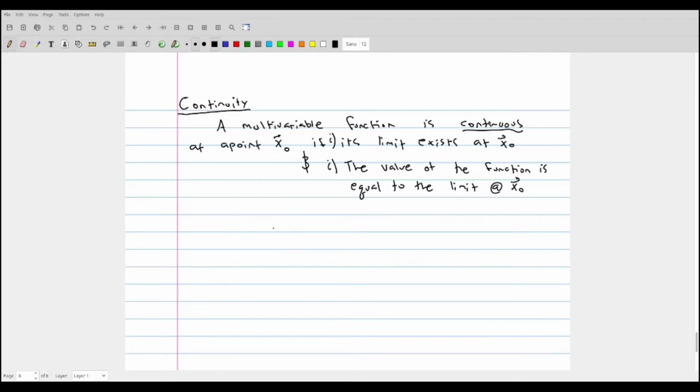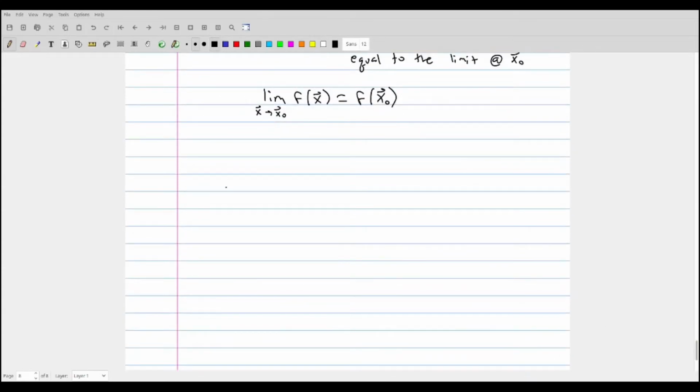So notationally speaking, for a general function, you say that the limit as x goes to x naught of f of x is equal to the value of f at x naught. In 2D, this is the same thing as saying the limit as (x, y) goes to the point (x naught, y naught) of f of (x, y) is equal to f of (x naught, y naught).